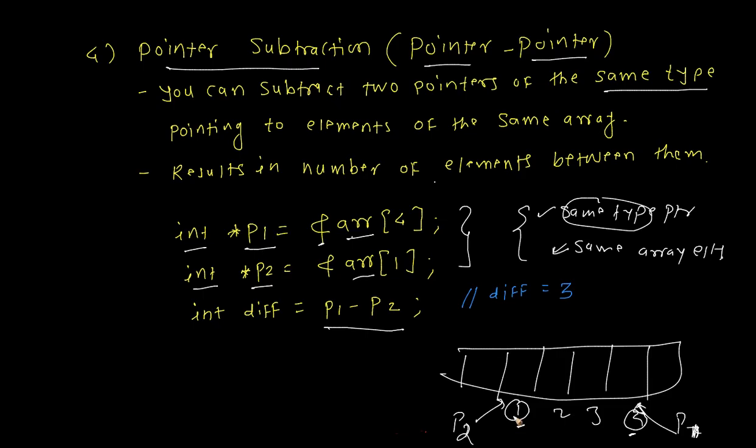We get 4 minus 1, which is equal to 3. In other words, we are getting the number of elements between these two: 1, 2 and 3. So we can perform this kind of pointer subtraction. Pointer subtraction is allowed only in this case, not in general, right?